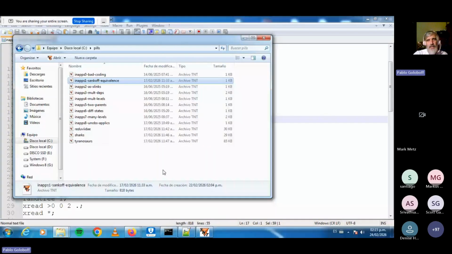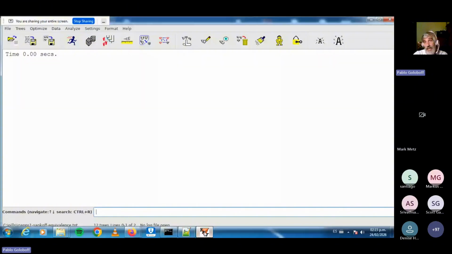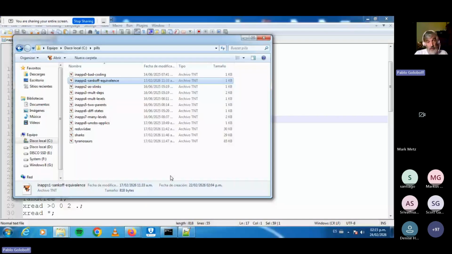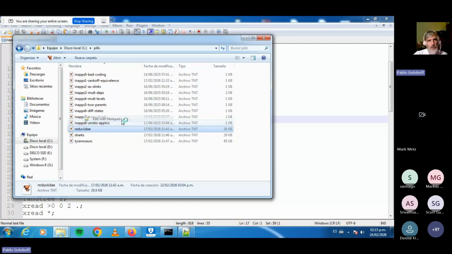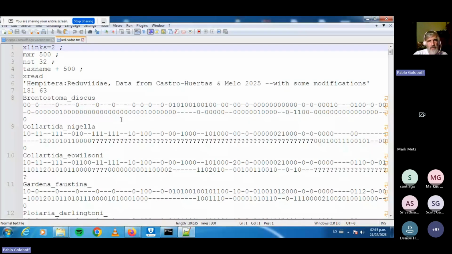Okay, I have included, and the idea is that you can take a look more calmly after the workshop in your home. You can take a look at these data sets, and in about a month we can get together and check questions about the actual usage of all this. I included in here 3 empirical data sets which handle inapplicables.